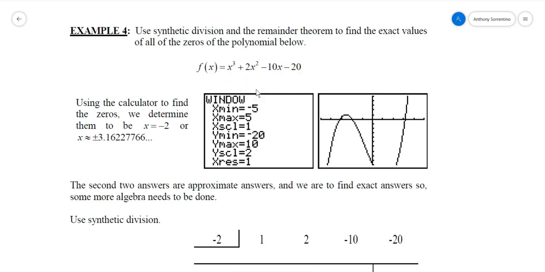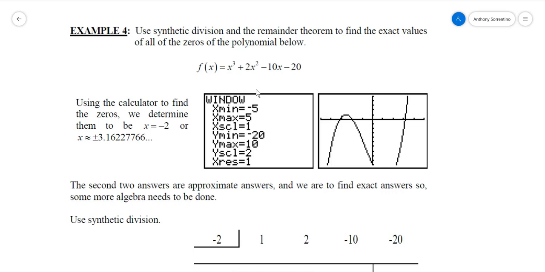I'm setting it up this way so that you can see how the calculator could be useful in identifying some zeros, and how it's going to help me eventually get the exact values of some of the other zeros. Now I'm not going to show this all in the calculator because I have pictures that are from the notes in here as well.